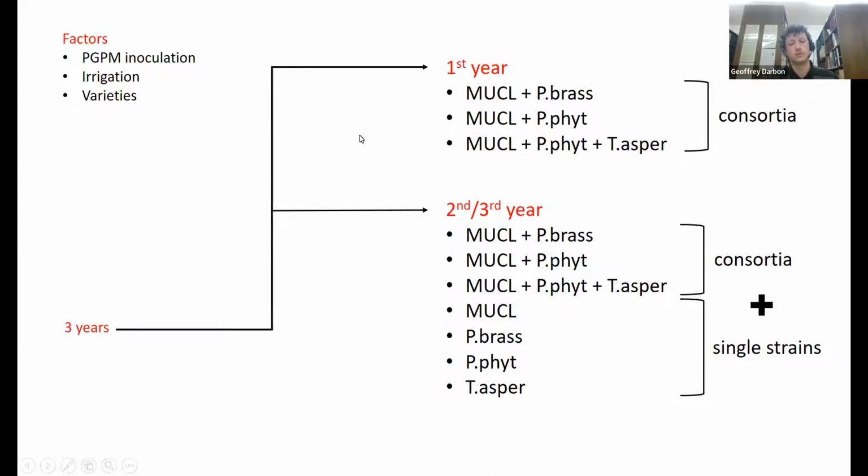For the second and the third year of trial, we took the liberty to enlarge the trial by testing inoculation of single strains, to see if we could attribute the effect we would potentially observe to one or the other of these strains.